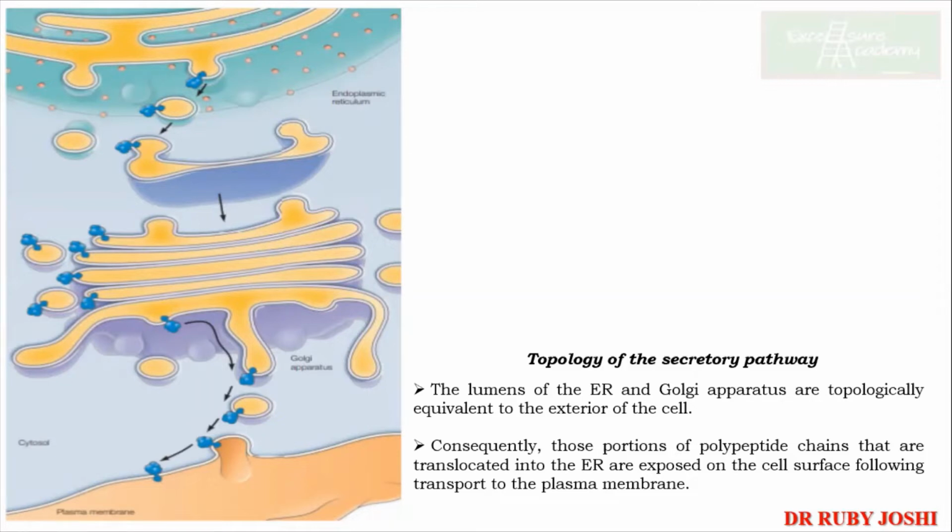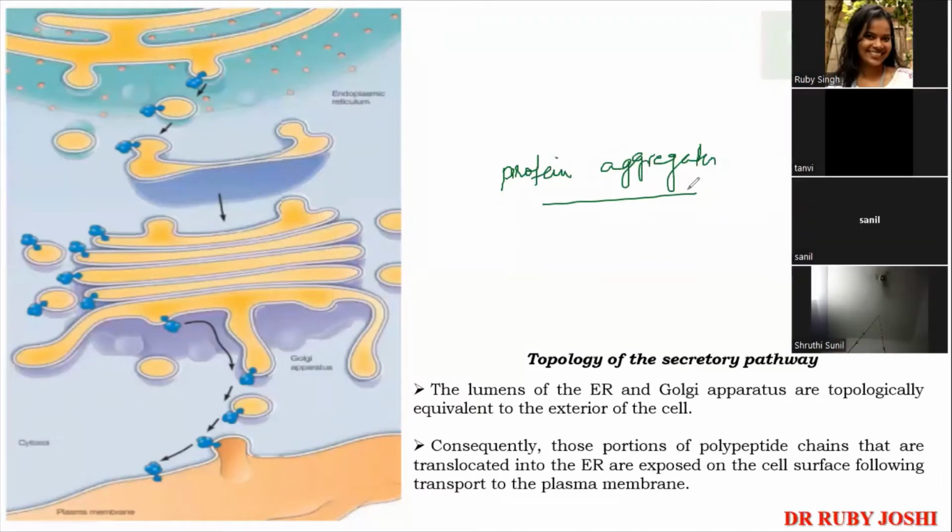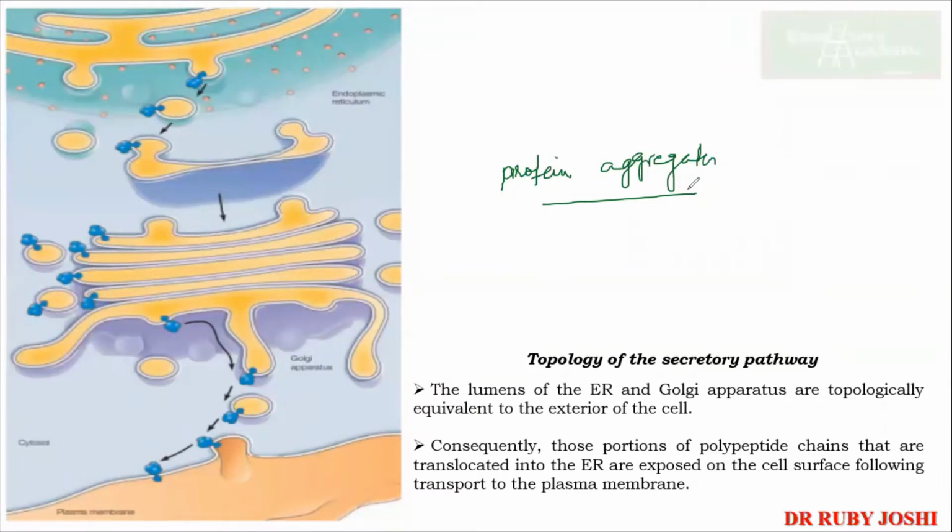Let's not let it get collected. The more unfolded and misfolded protein gets collected, they will result in the formation of protein aggregates. Now these protein aggregates are just like the junk, or the waste, which gets collected in the house. We don't want that. Why?